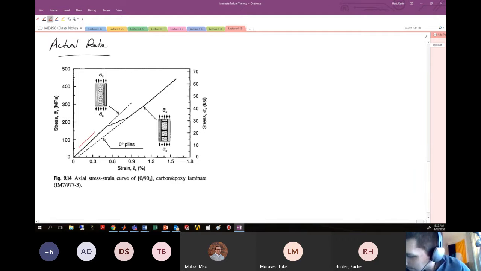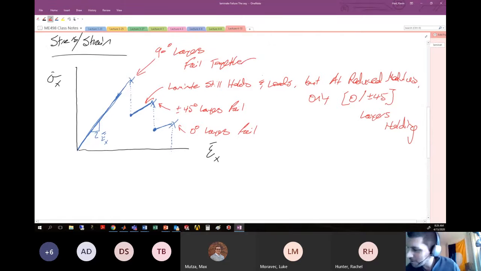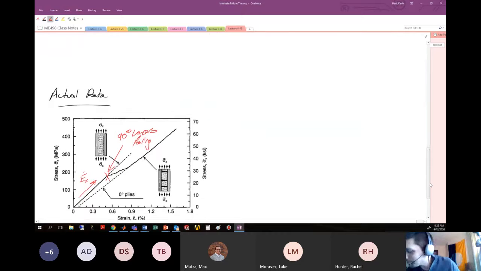Like I said before, the laminate is going to load up with some initial elastic modulus, E bar X. So this is the elastic modulus of the laminate as a whole. And then at some time later, things are going to start failing. So this is 90-degree layers failing. But unlike what we talked about in theory, where we say they all fail together and the load just plummets, that's not what really happens.